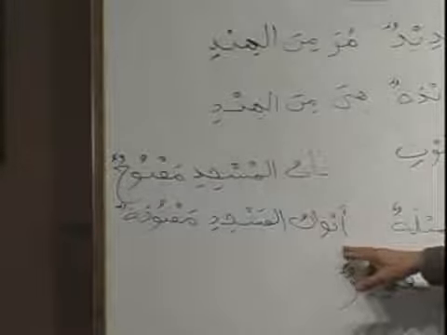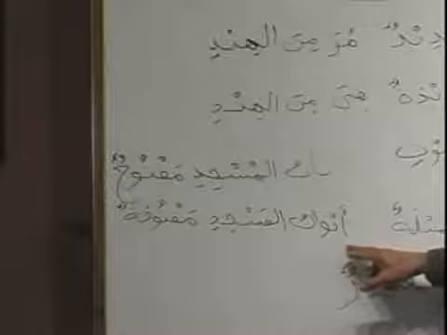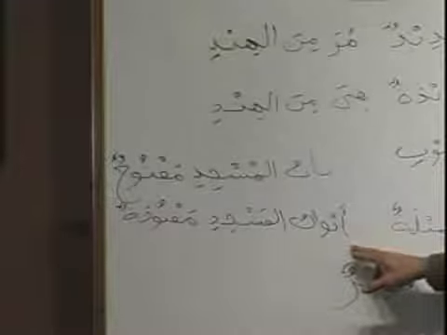Do you see the difference, brother? Babul masjidi maftuhun. And as soon as you said abwab, it became maftuhatun. We started bringing the khabar to match the mubtada. So here, the mubtada is plural, but ghair aqil, so we treat it as a muannas.